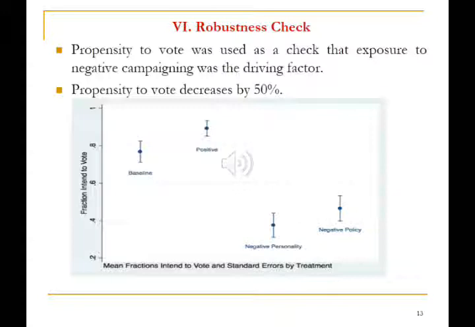So the propensity to vote in that hypothetical election decreases in negative personality, as you can see, by 50% compared to the control, and also in the negative policy compared to the control. So the effects that we see on trust actually are working by the mechanisms that we argued they would be working through, which again increases the trust in our results.